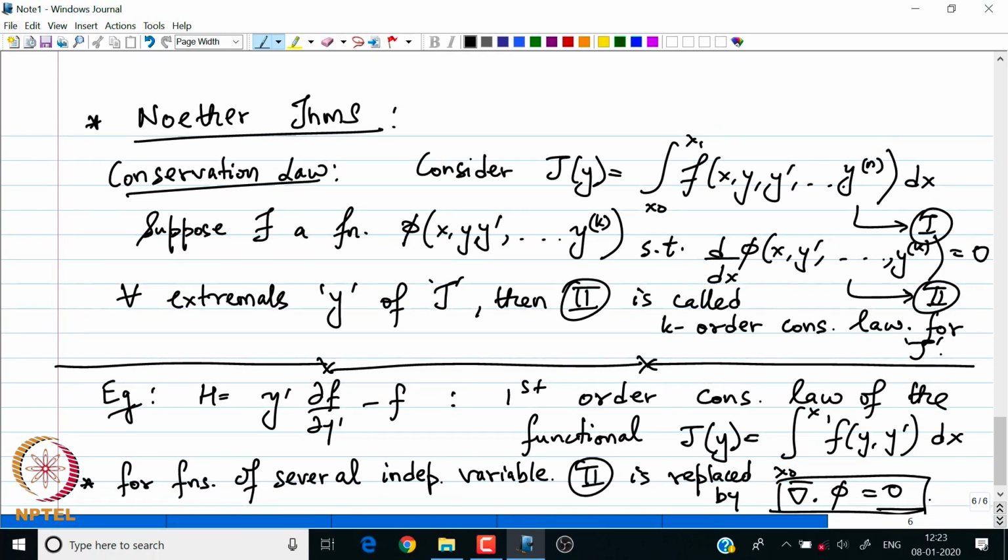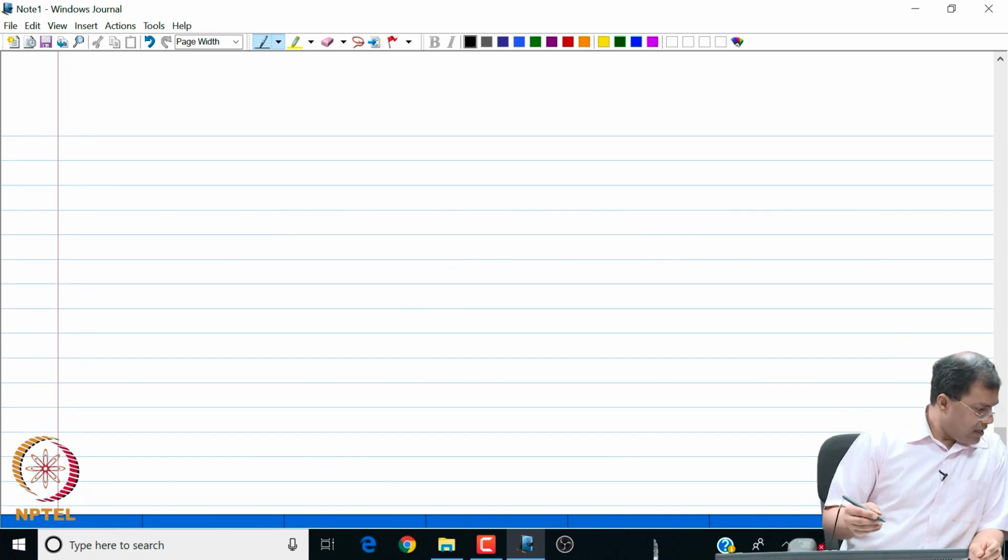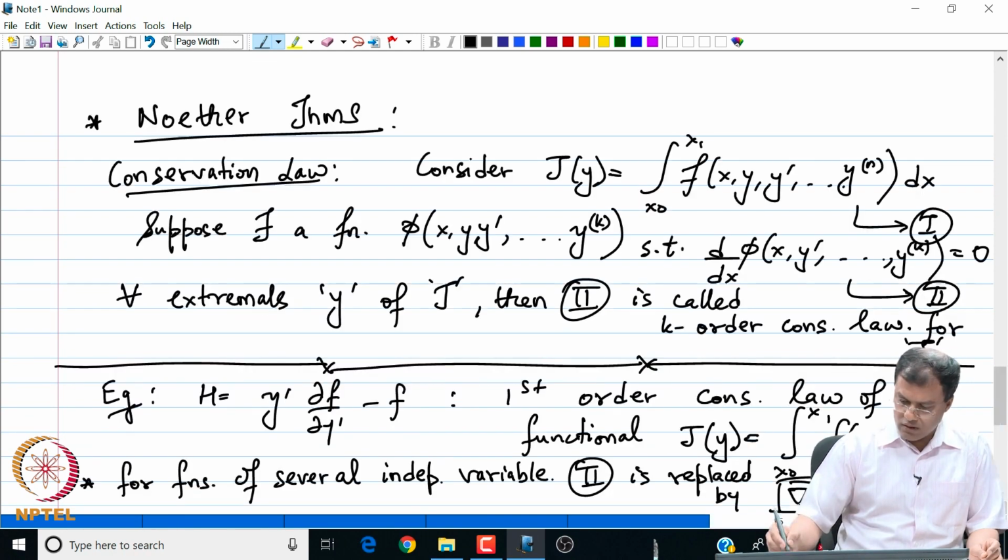So we see that for functions of several independent variables, the result 2 is replaced by divergence of phi equal to 0.